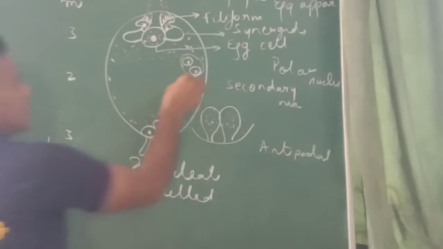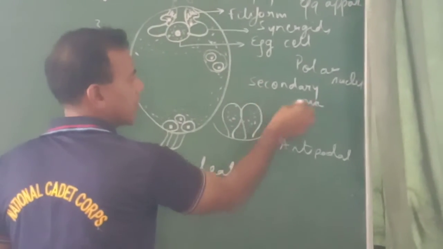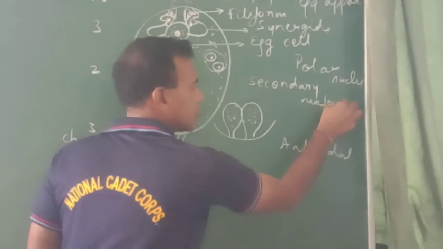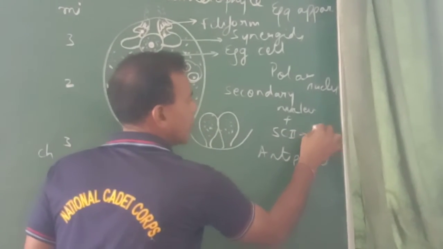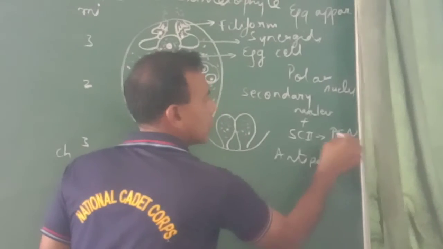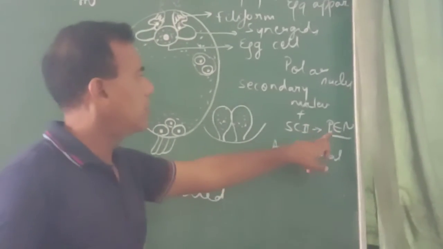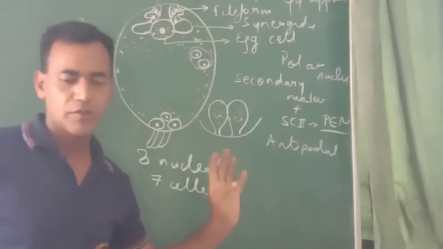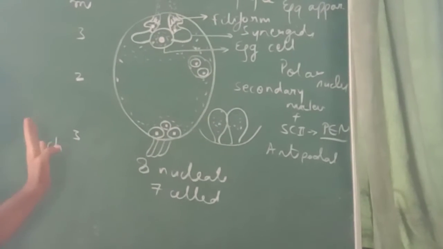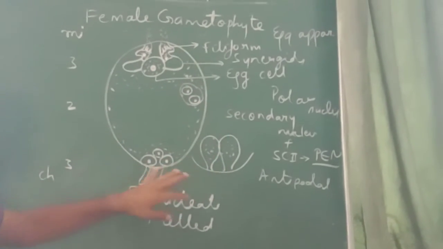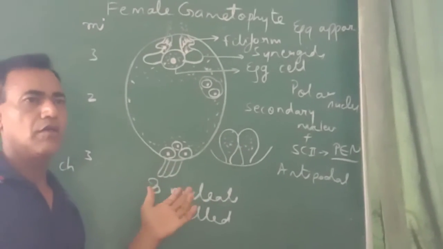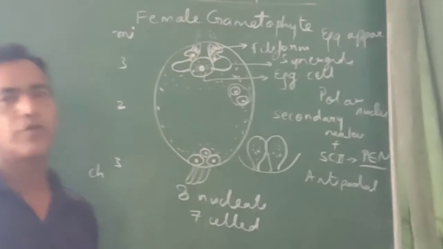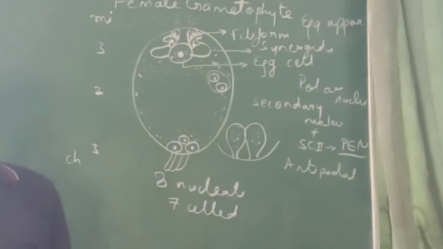They fuse to form a secondary nucleus, which then fuses with sperm cell second to make the PEN. PEN means primary endosperm nucleus. So this is a brief detail about the structure of the female gametophyte or embryo sac.